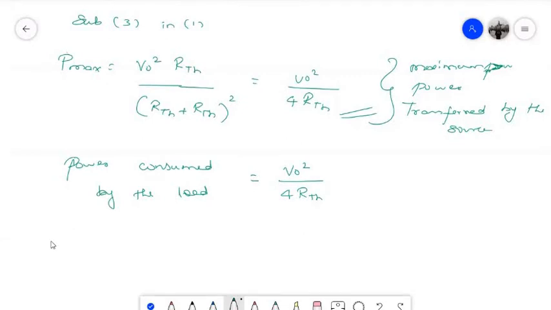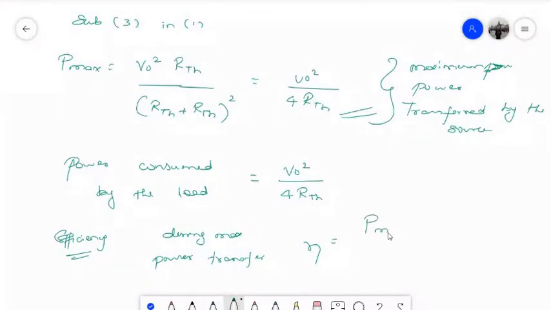Now, if you look at the efficiency, so this efficiency is actually measured during maximum power transfer. We are denoting it by eta.